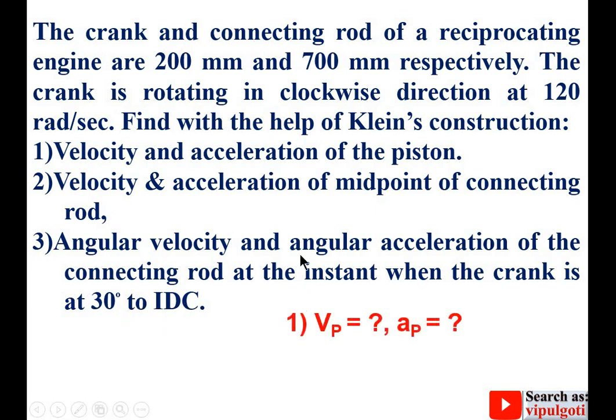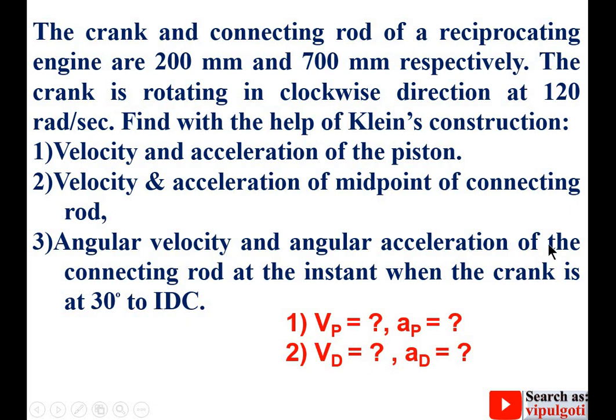So velocity of piston and acceleration of the piston, that means AP. Then velocity and acceleration of the midpoint of the connecting rod. Let's say the midpoint is D, then velocity of the midpoint of the connecting rod is VD, and acceleration of the midpoint of the connecting rod is AD, where D is the midpoint of the connecting rod.